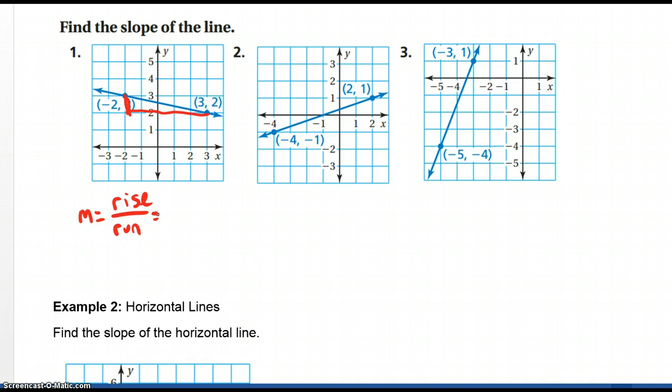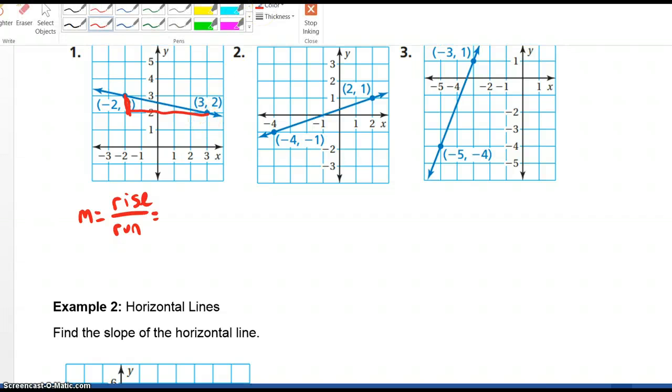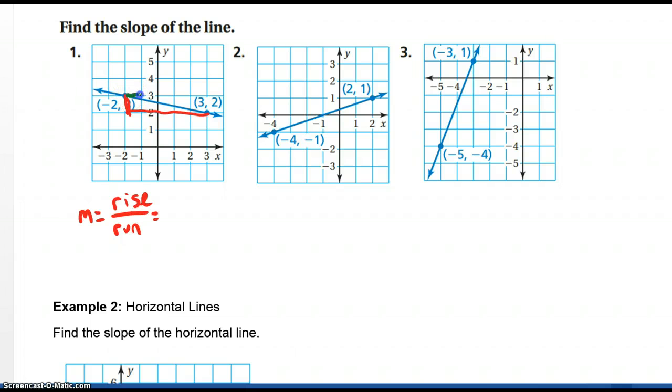Write that every time. Right now, we can drop it off later without having to memorize it. So the change in the up and down value is 1, and the change going this way is 1, 2, 3, 4, 5 squares. Even if I had done that up here, 1, 2, 3, 4, 5 going in the run direction, and 1 going in the rise direction.